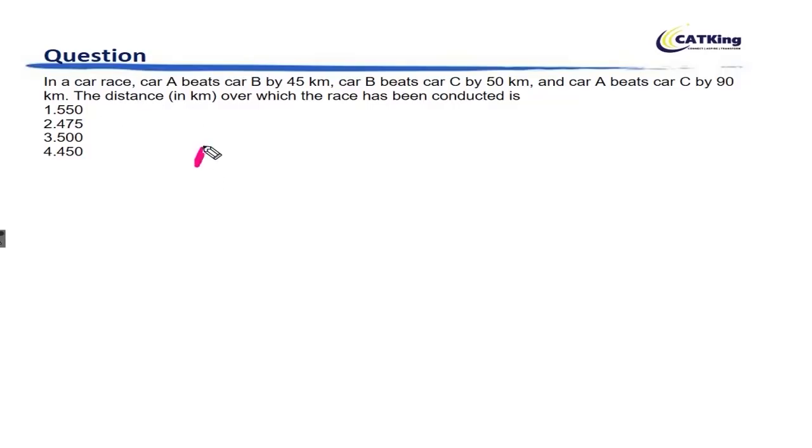In a car race, car A, car B and car C are involved. Car A beats car B by 45. So let's say the total distance is x kilometers.